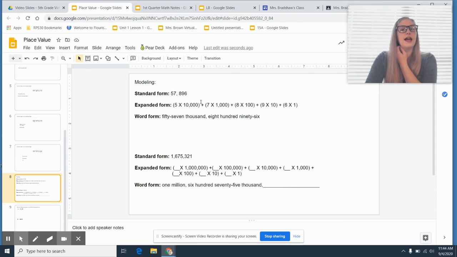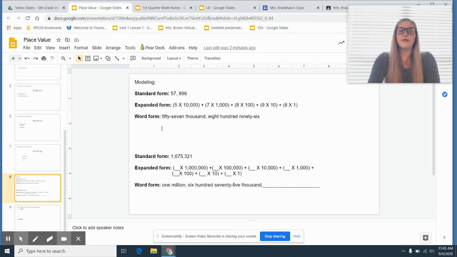Then I'm adding it to 7 times, the 7 is in the 1,000s place, so 7 times 1,000 plus 8 is in the hundreds place, plus 9, which is in the tens place, plus 6, which is in the ones place. This is how it would look in expanded form.